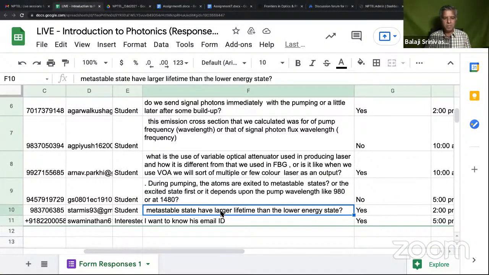The metastable state has a larger, I think what they meant is longer, lifetime than the lower energy level.